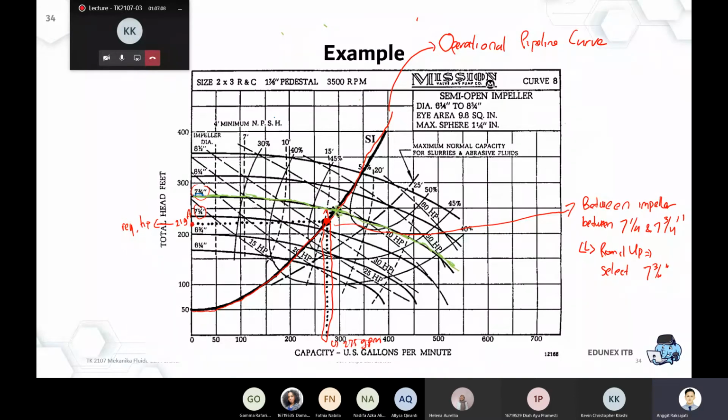So what you get is that you will actually flow a higher flow rate, because that's the intersection between the operational pipeline curve and the selected impeller curve. It fails to meet the condition. You don't get 275 GPM, and the head is not 219, sorry, feet.